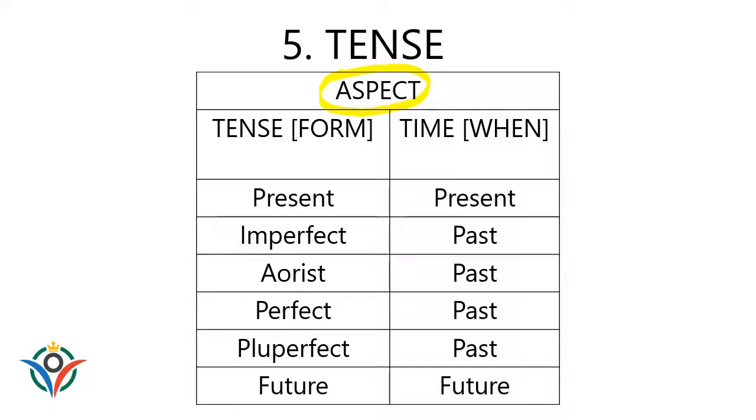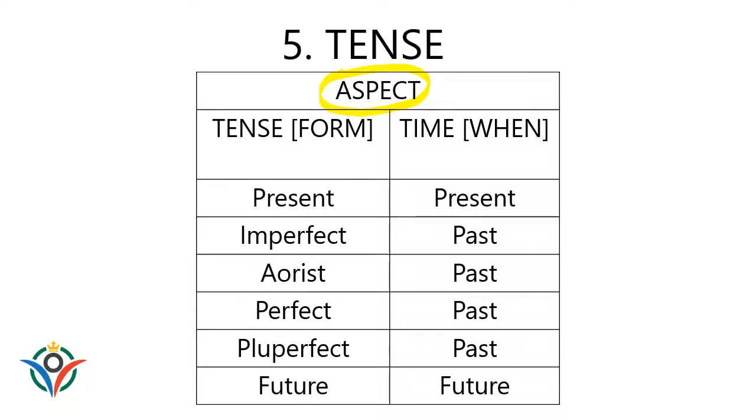So William Mounce states in his book, "The basic genius of the Greek verb is not its ability to indicate when the action of the verb occurs, but what type of action it describes."